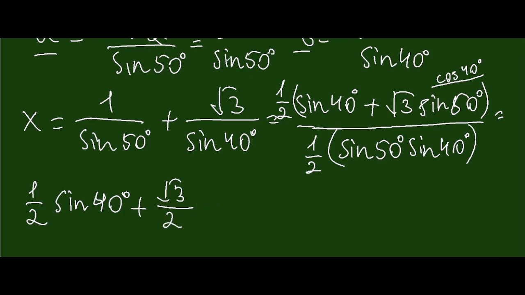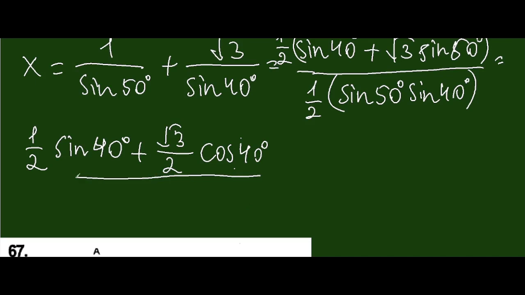Here we changed it to 40 degrees, and in the denominator we get 1 over 2 times cosine 50 degrees, cosine 40 degrees, sine 40 degrees we have.